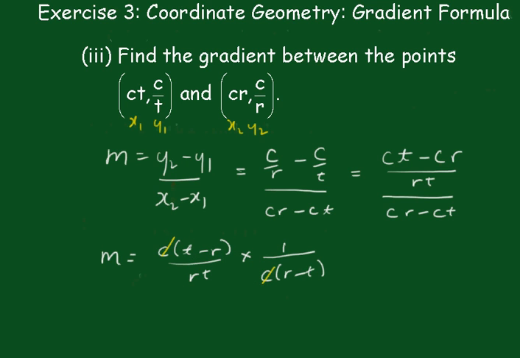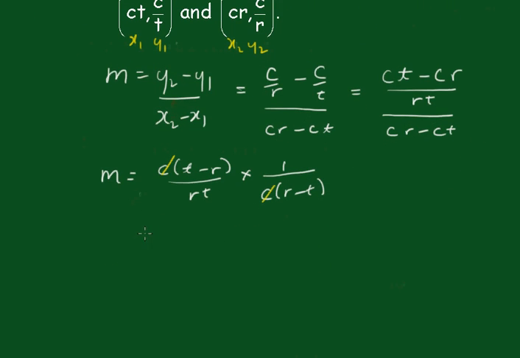So that could be written as T minus R over RT times minus T minus R. And of course now they'll cancel out because they're the same. And you're going to get simply the result minus 1 over RT.